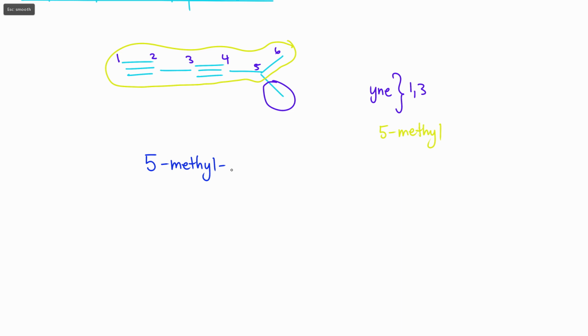Those 2 triple bonds we have to call a diyne. This is 2 triple bonds. Okay, so we have to write 5-methyl, and I can write hex.